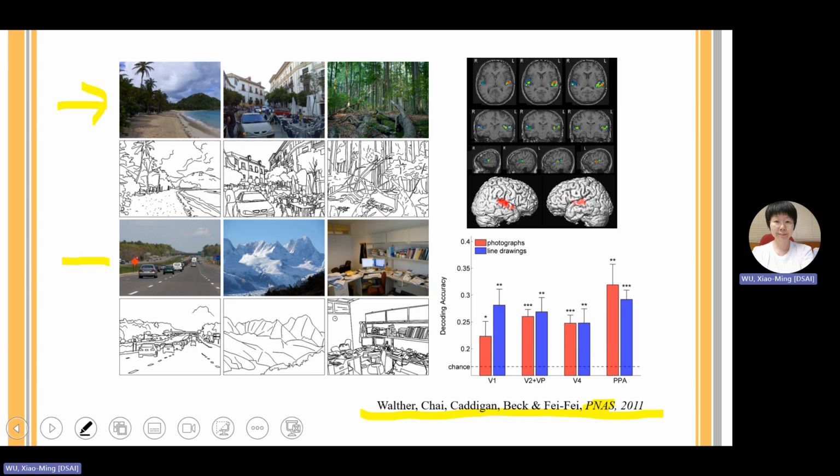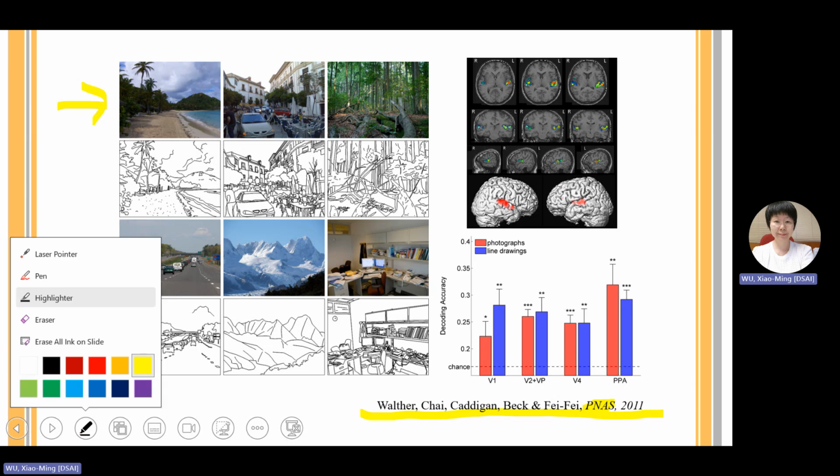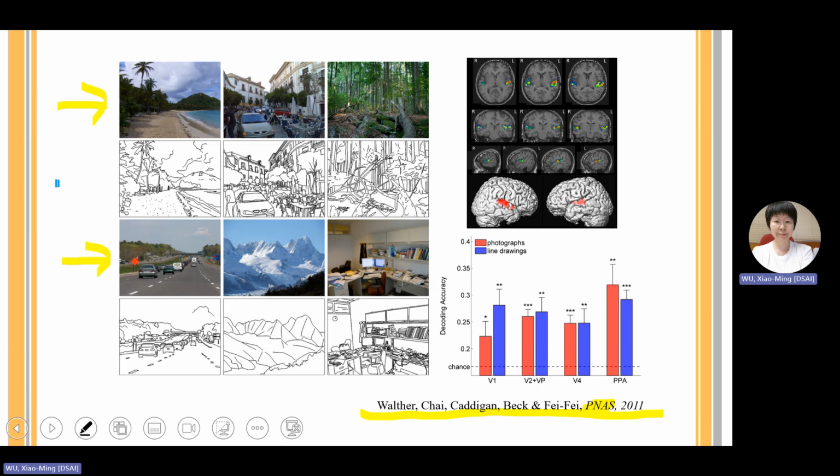One group is the set of real photographs, and the other group is the corresponding line drawings. Okay, so they present the two groups of images to the participants and record their fMRI data.